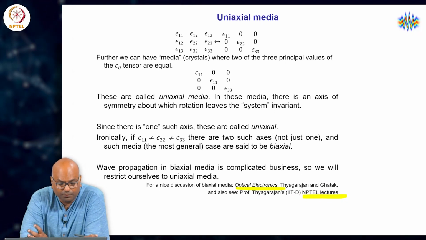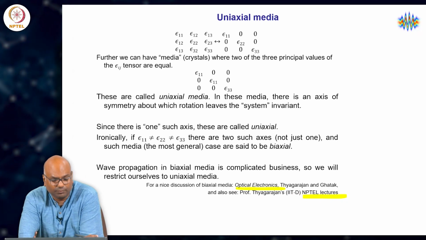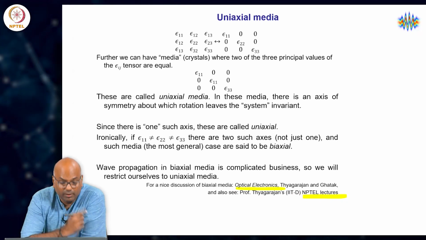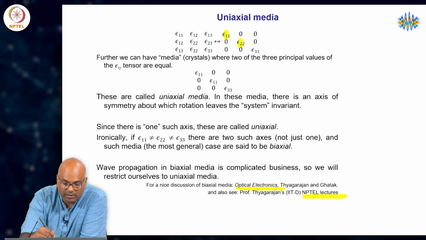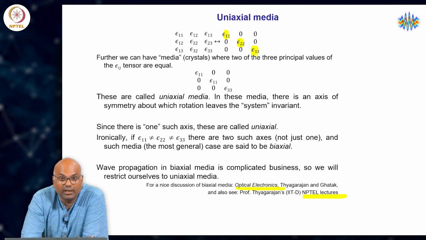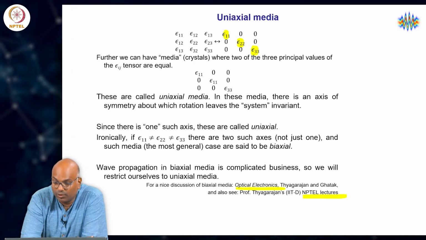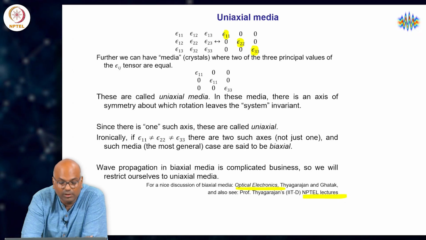Now, in the most general case, the epsilon tensor can be diagonalized so that it has 3 in general distinct eigenvalues, epsilon 11, epsilon 22 and epsilon 33, and the off diagonal elements are zeros.